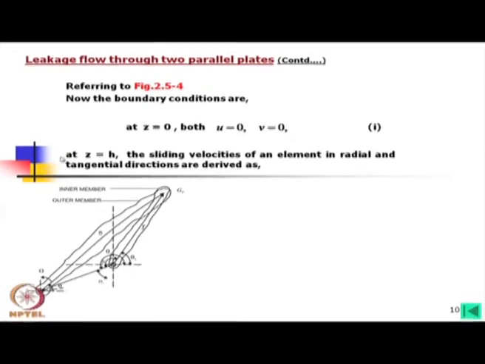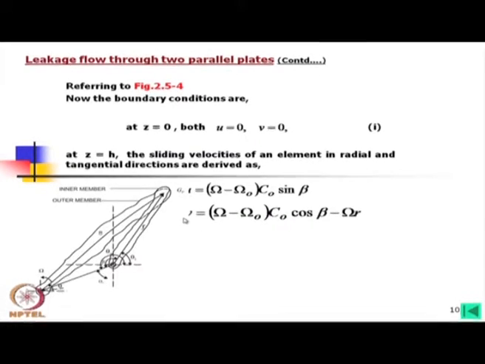Now, at z is equal to h, the sliding velocities of an element in radial and tangential directions are derived as follows. If I consider this point, this is u and this is v.